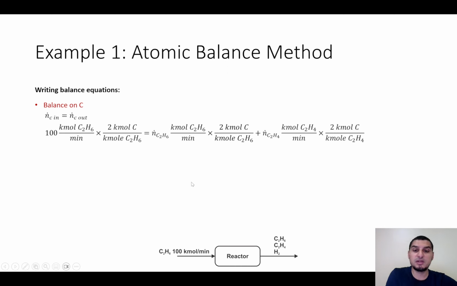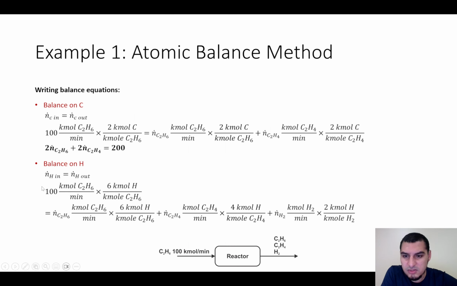So we will have here an equation that contains... I'm sorry, this is carbon. I'm sorry, what I said was hydrogen. This is hydrogen. It is 100 multiplied by 6, and then we have 6 times the number of moles of ethane, and 4 times the number of moles of ethylene, and 2 times the number of moles of hydrogen, which would be an equation as a function of the 3 flow rates.